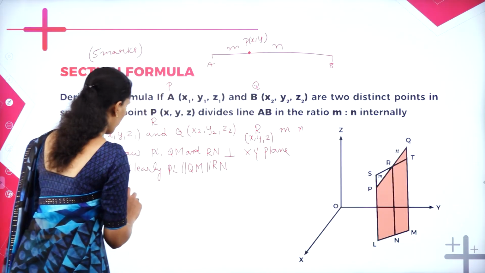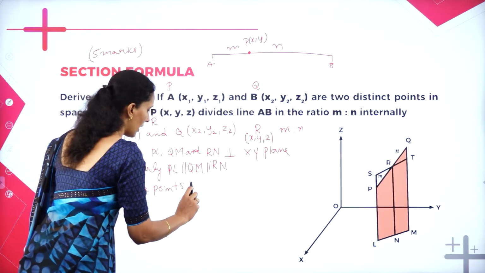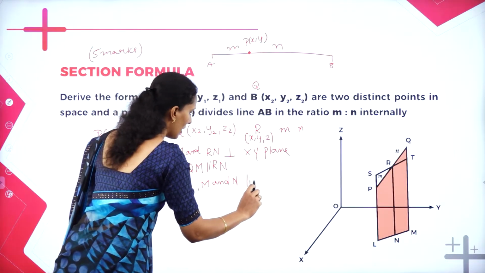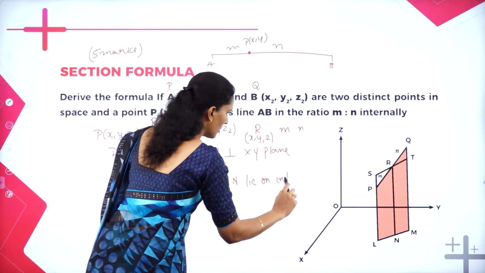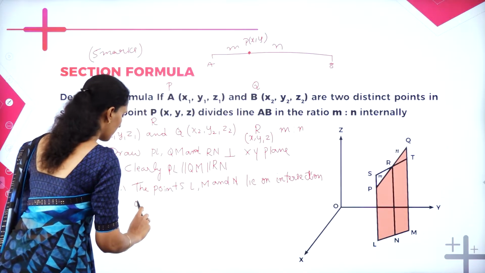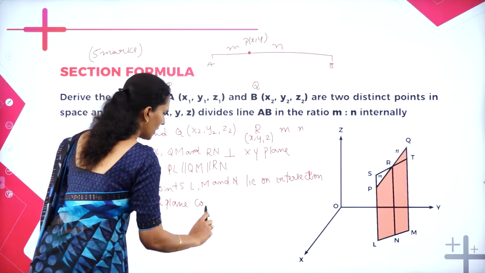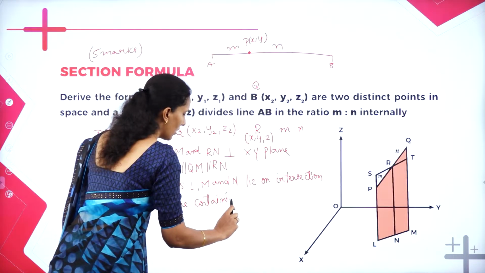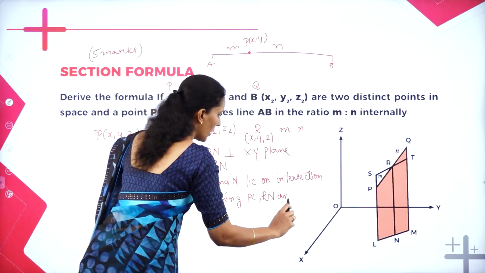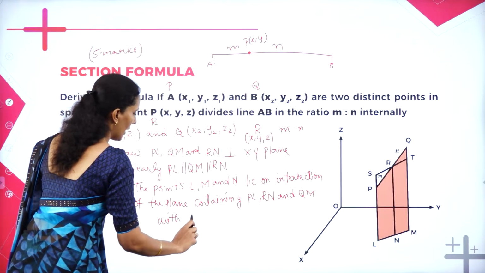So therefore, the points L, M and N lie on the intersection of the plane containing PL, RN and QM with the XY plane.